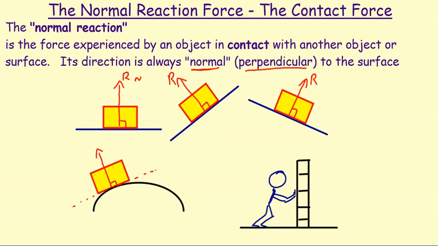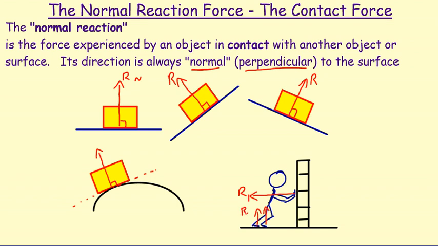And so here, the stick man pushing against the wall will experience a normal reaction here off the wall, perpendicular to that. And then also, let's label that R1, a normal reaction here and a normal reaction here, anywhere that is in contact.